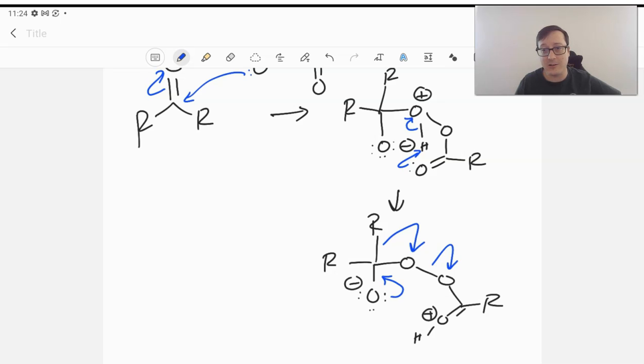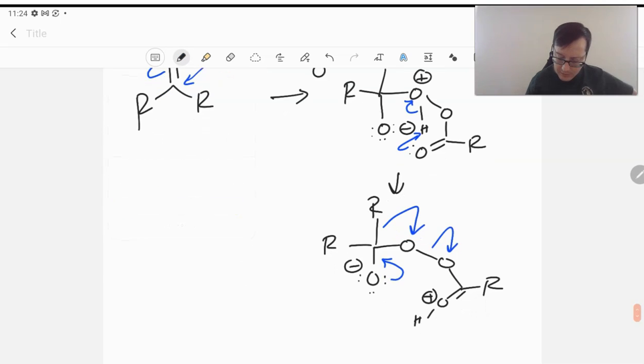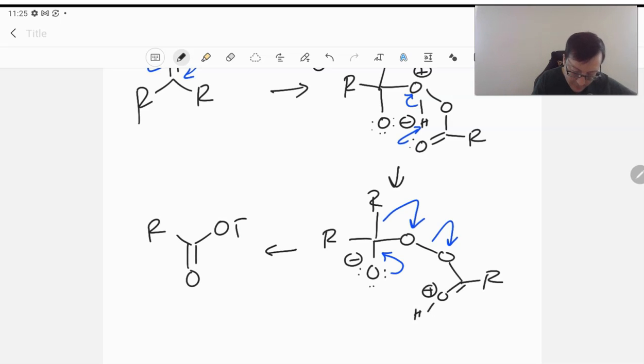We don't normally see R's migrating around. We have methide shifts and that sort of thing with carbocations, but it's typically not commonly seen. But here, we take advantage of that weak O-O bond, and we migrate our R group onto that new oxygen, and we produce a carboxylic acid out at the other end. Just a plain old carboxylic acid.